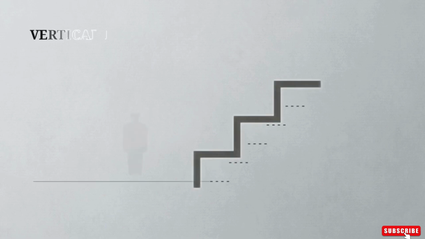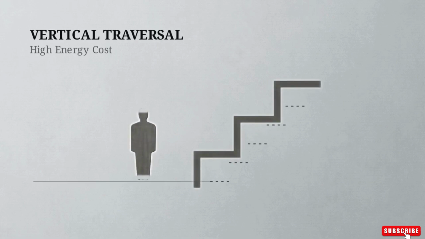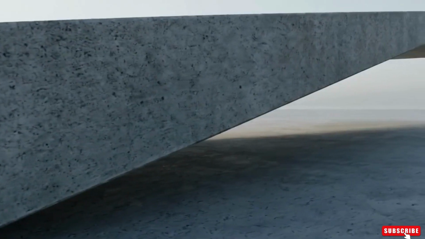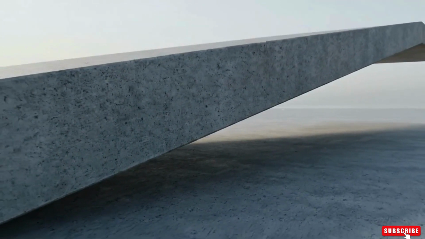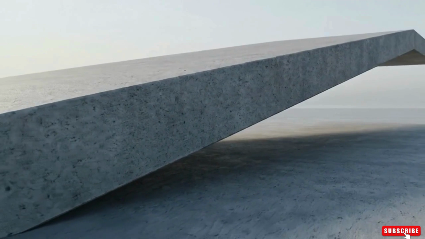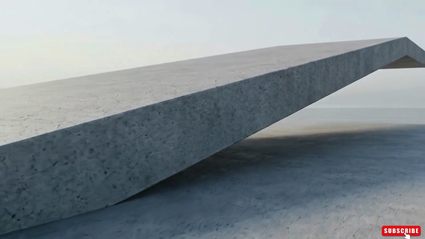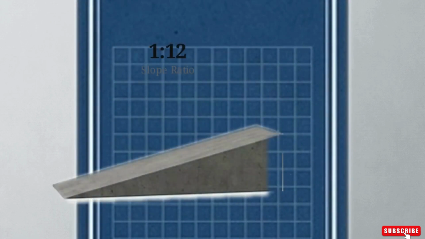That same friction is applied against gravity during vertical traversal. Traditional stairs demand intense bursts of vertical lift, while ramps distribute that required energy over horizontal distance. The universal architectural standard for unassisted accessible ascent is the 1:12 slope gradient ratio. In this cross-section, we see the 1:12 ratio. For 1 unit of vertical rise, there are 12 units of horizontal run.